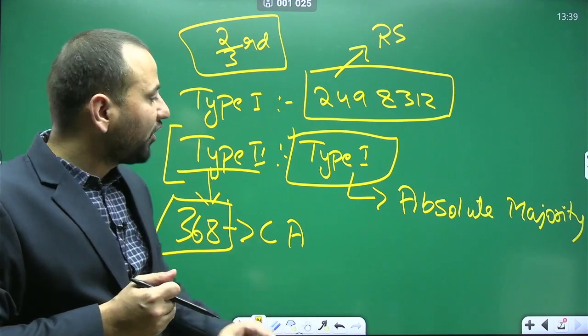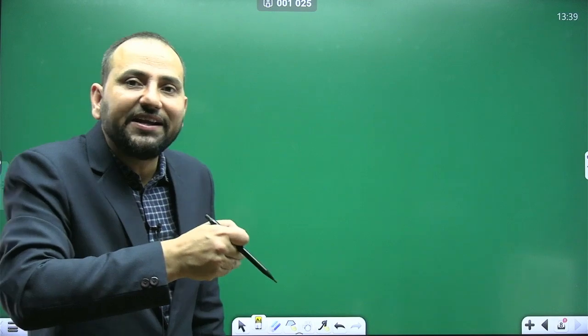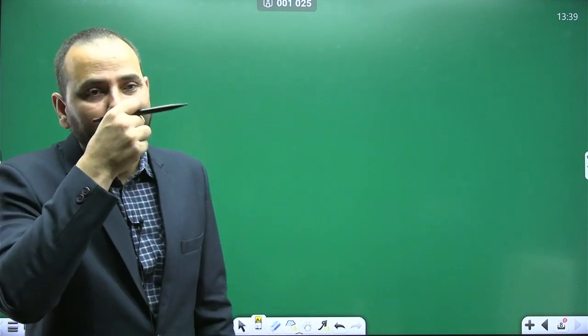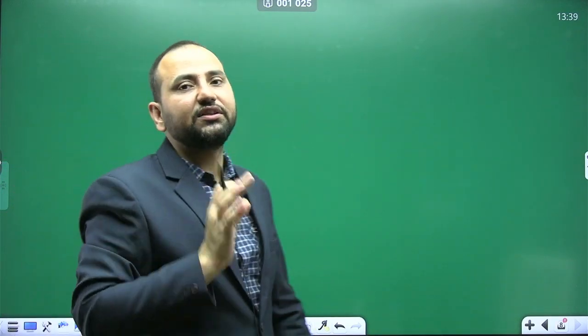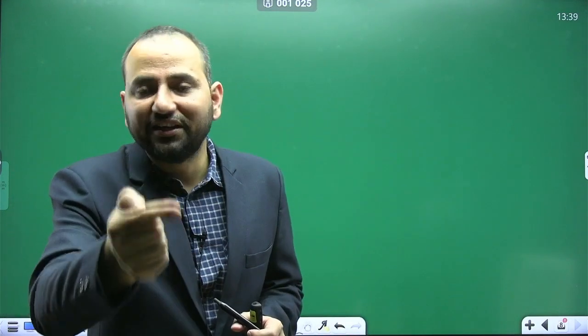If you move forward to special majority type 3, it is an addition to type 2. What happens here? There are certain provisions in the Constitution, especially mentioned under Article 368, which specify that whenever we are doing a constitutional amendment on the specified provisions, for example changing the 7th Schedule of the Constitution, in that case the ratification by state legislature is also required.